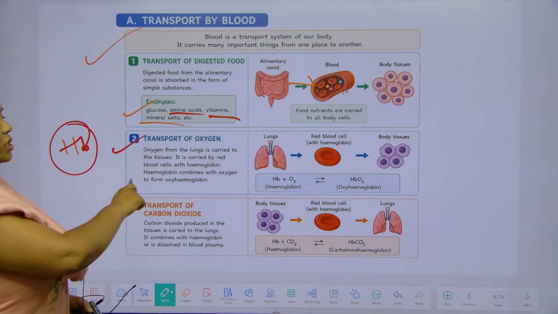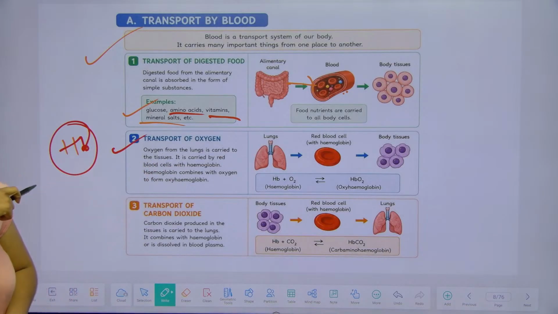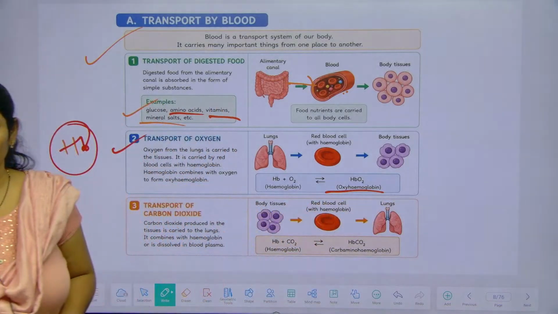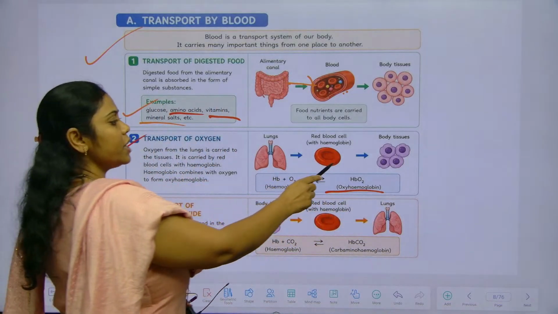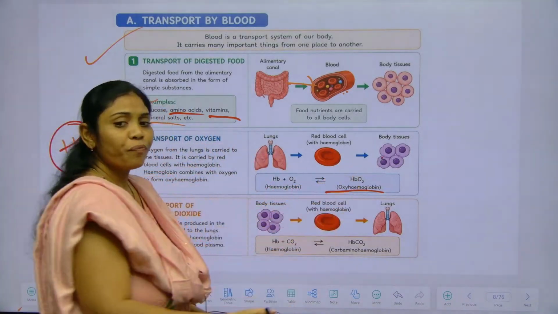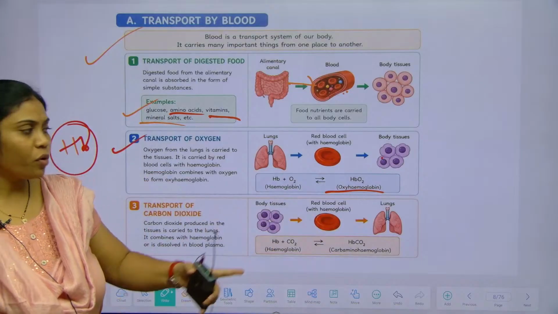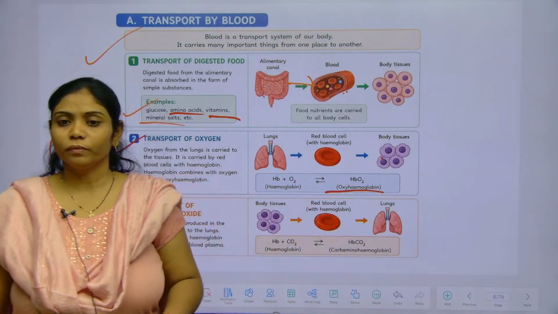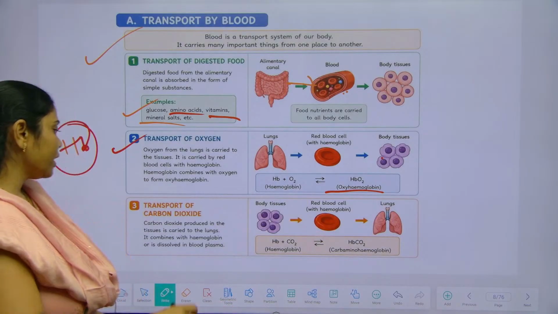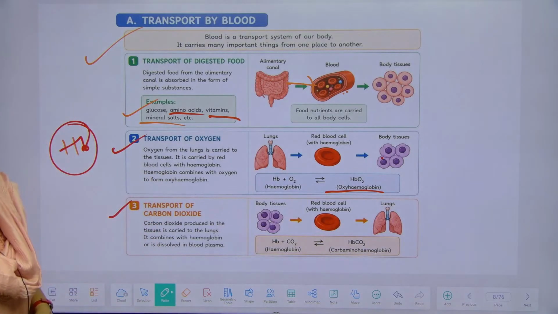While oxygen is transported in the blood, it combines with the hemoglobin and forms oxyhemoglobin. So in the form of oxyhemoglobin, it is transported. When it reaches the tissue, it will get dissociated. Why? Because we need only what? Oxygen only. We don't need hemoglobin. Clear? Alright.